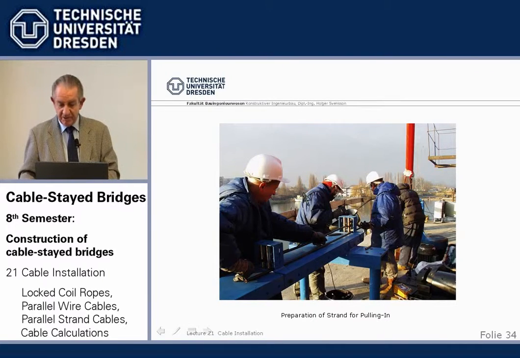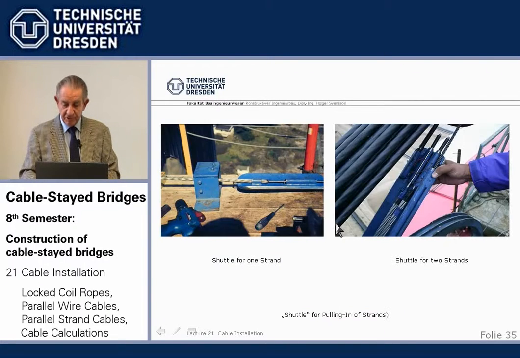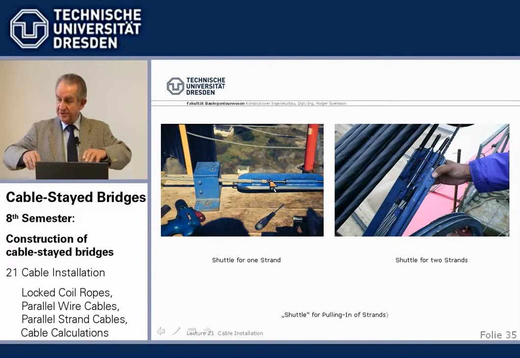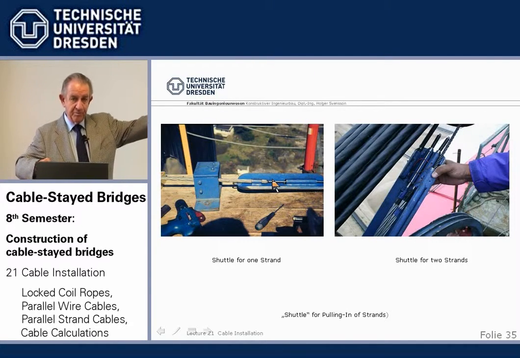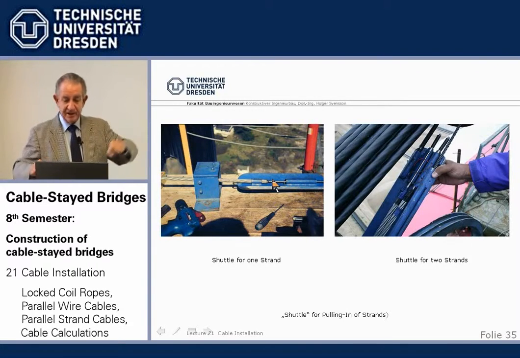And here now we are at the bottom, and we now prepare the new strand from the reel for pulling in. So first we have to connect it. And we see here, this is the so-called shuttle, a system where we can connect the new strand to the pull rope inside the PE pipe, which runs up and down like a shuttle.